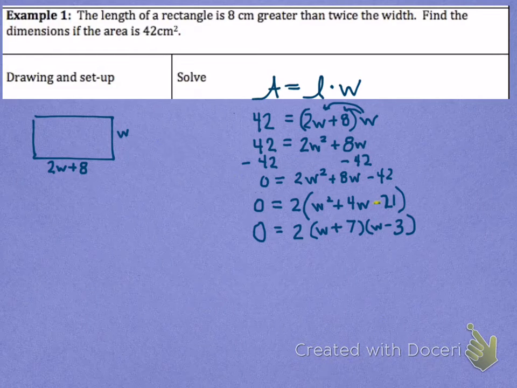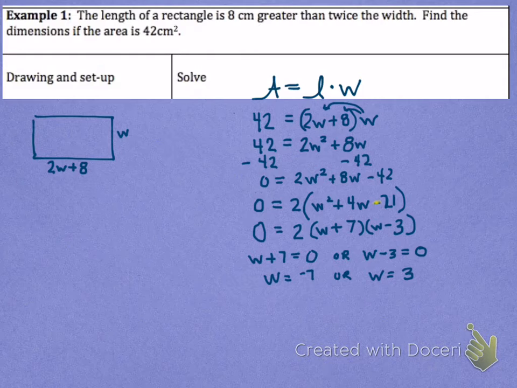Then my possibilities are all equal to 0. Well, 2 can't equal 0, so I don't have to worry about the 2. But I need to look at w plus 7 equaling 0, or w minus 3 equaling 0. And so w is equal to negative 7, or w is equal to positive 3.